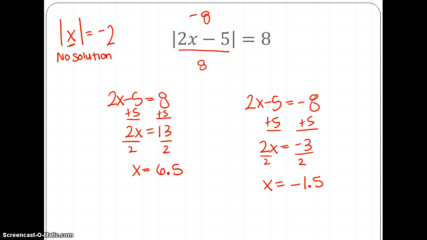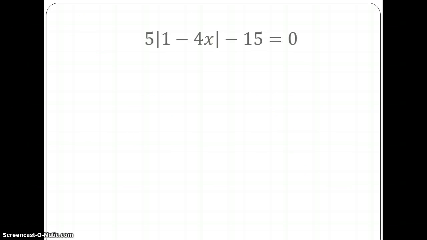Okay, moving on to a little bit harder examples here. So here's where isolating the absolute value becomes important. The steps we've seen already aren't too very difficult, but we want to isolate. Isolate meaning alone. Get this portion of the problem all by itself. So you're using the same opposite operations you use to solve basic linear equations.